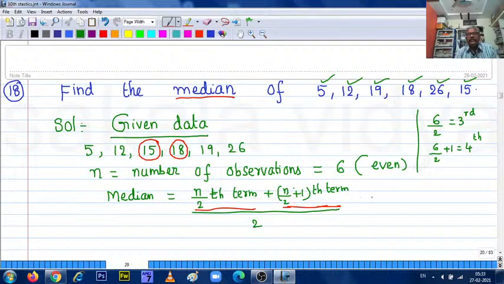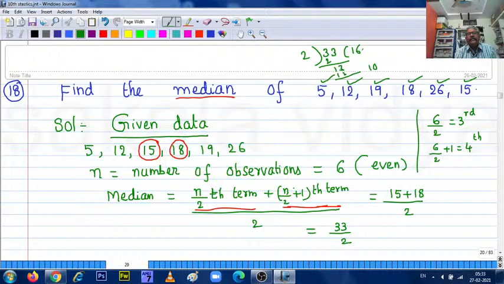This equals 15 plus 18 upon 2, which is 33 by 2. Dividing 33 by 2, you get 16.5. This is the median.